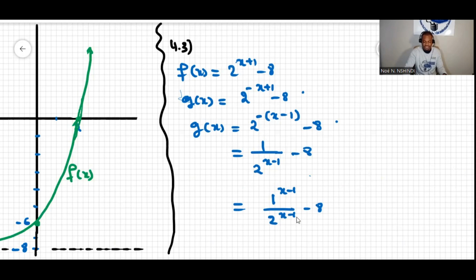Now this one can be written as 1 over 2 to the power of x minus 1, minus 8. So you can write it either this way or that way, or you can also transform it to this notation. Okay, thank you.